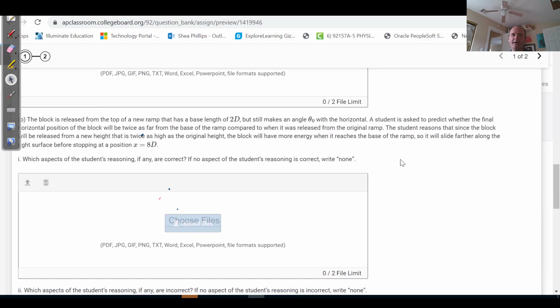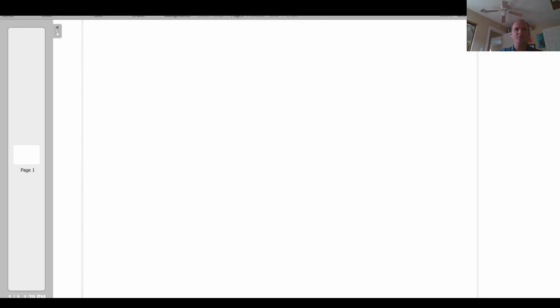So now we have a question here. Let's read this. The block is released from the top of a new ramp that has a base of 2D, but still makes an angle of theta with the horizontal. So let's draw that. Let's draw two scenarios.